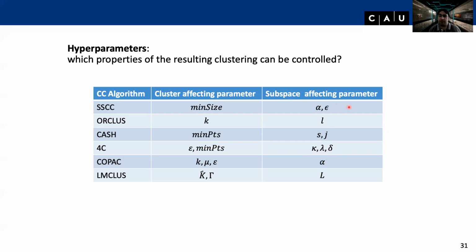So these subspace affecting parameters mostly control the variance or the deviation, the jitter, so to speak, and the dimensionalities that we have. Here also LMCLUS dimensionality. So these are the two categories that we introduce here: cluster affecting and subspace affecting parameters.